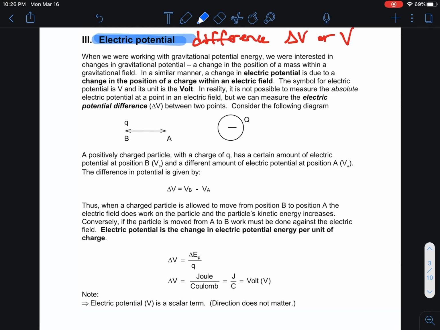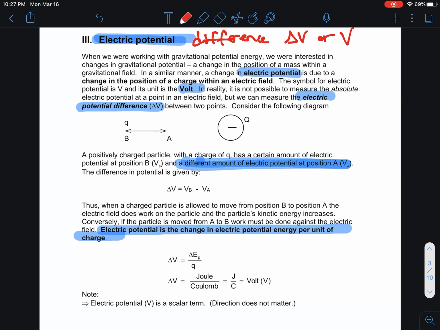The potential or the potential difference all has to do with the amount of voltage that something will pass through on its journey. And we measure that by the difference in the amount of potential between two different positions, which we just talked about. As a formula, electric potential is the change in potential energy per unit of charge.